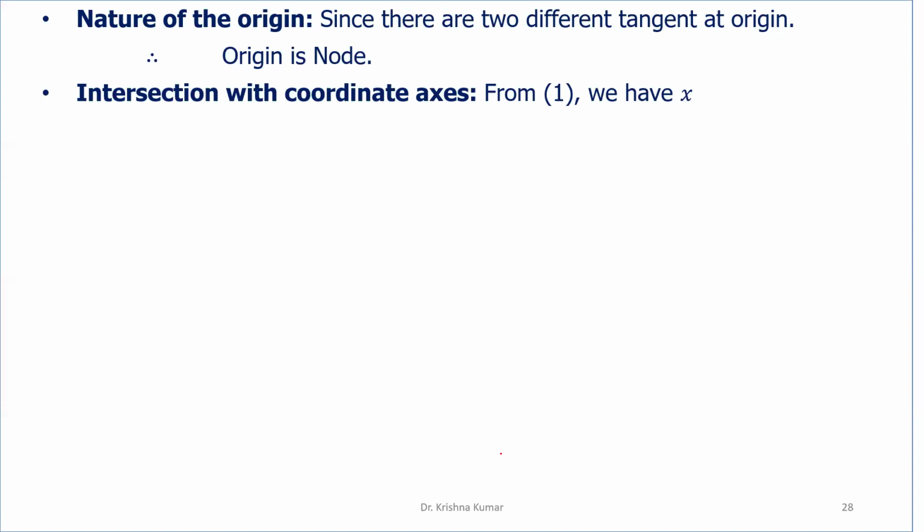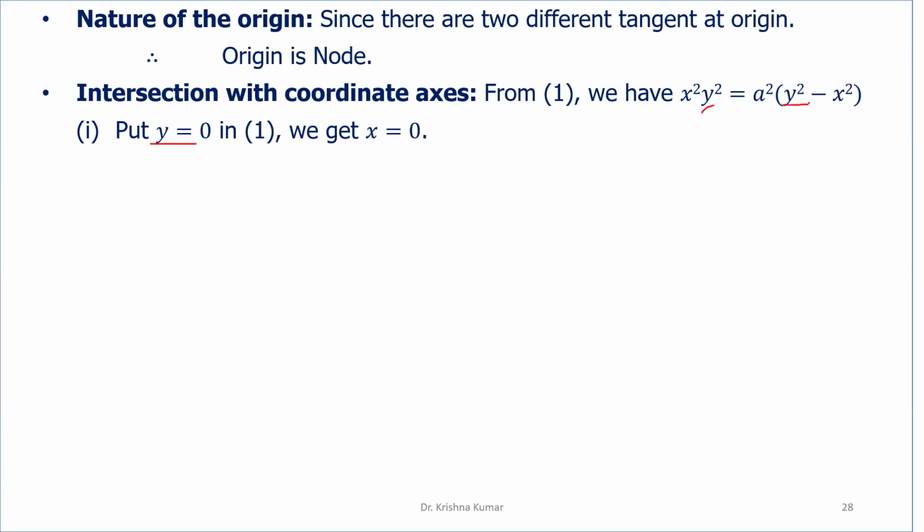Now let us try to find out the intersection with coordinate axis. From 1, we have x square y square equal to a square whole times of y square minus x square. So if you put x equal to 0 or y equal to 0, then we get the intersection with coordinate axis. If y equal to 0, this is 0, this is 0, right?